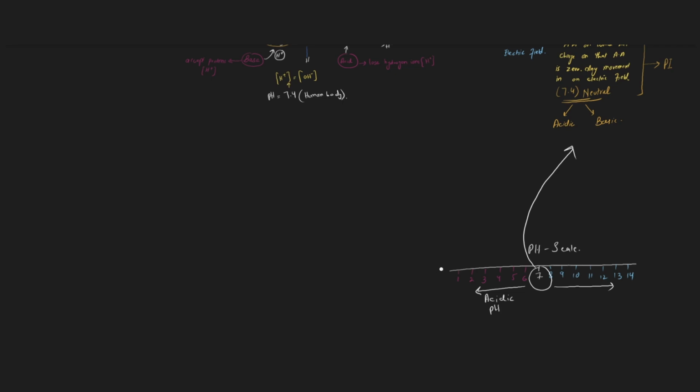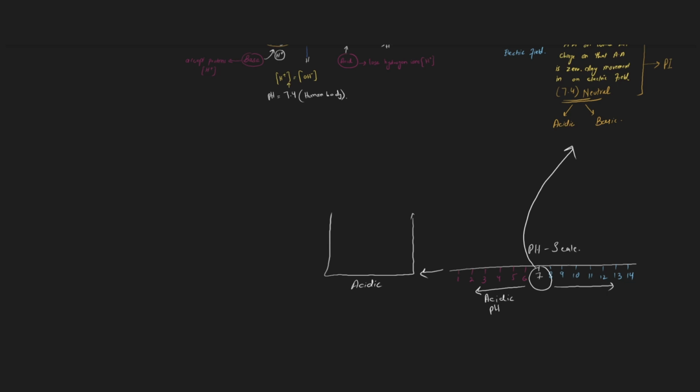So if I say that I have a medium, and this medium has acidic pH, that can be 1, 2, 3, 4, 5 up to 6.